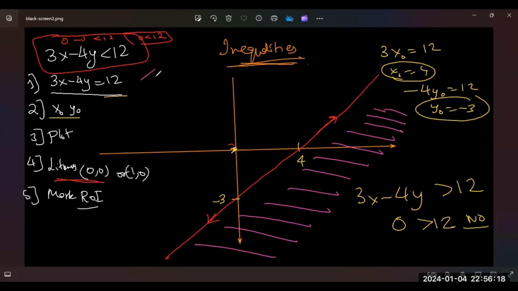Write these steps down. Write it as an equation, a linear equation, so it is a line. Find the x naught, y naught, plot the line, use the litmus test and check if it is true, mark that region of interest. If it is false, mark the other region of interest.